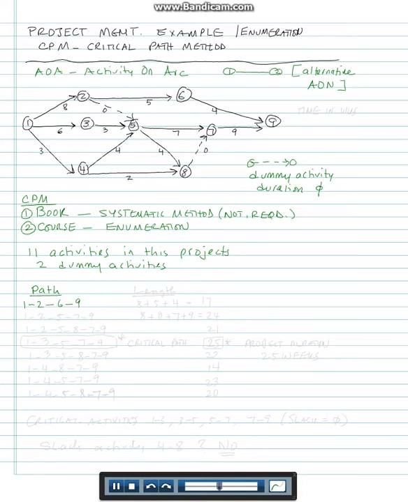Then 1, 2, 5, 7, 9. 1, 2, 5, 8, 7, 9. 1, 3, 5, 7, 9. 1, 3, 5, 8, 7, 9. 1, 4, 8, 7, 9. 1, 4, 5, 7, 9. And then 1, 4, 5, 8, 7, 9.